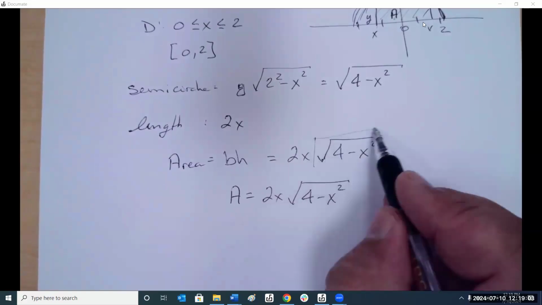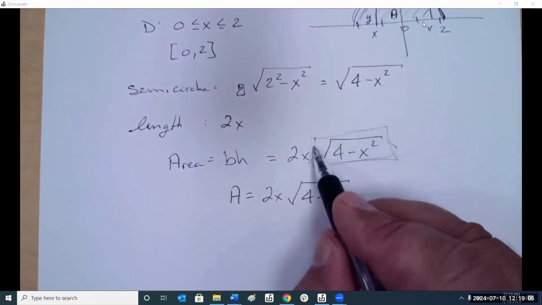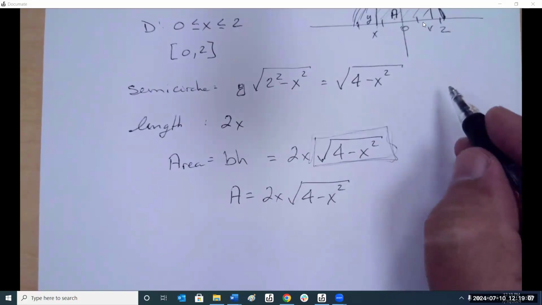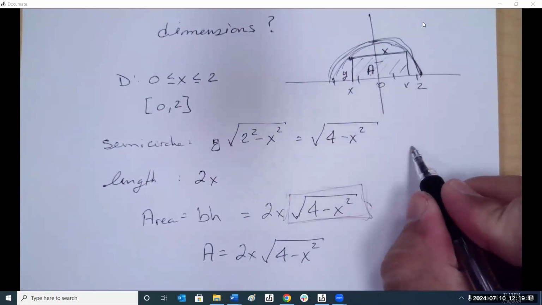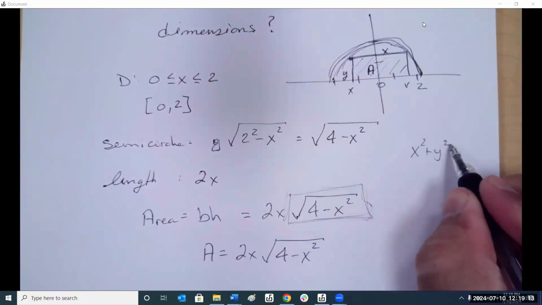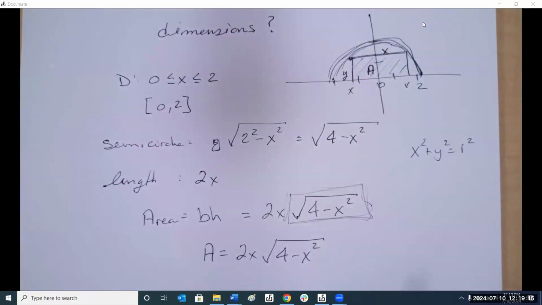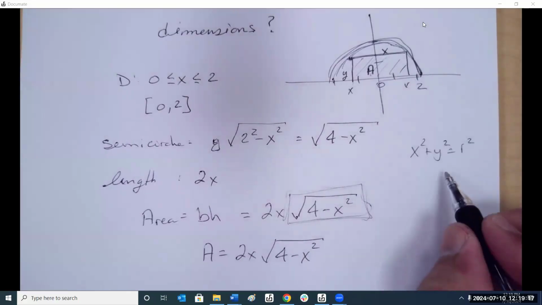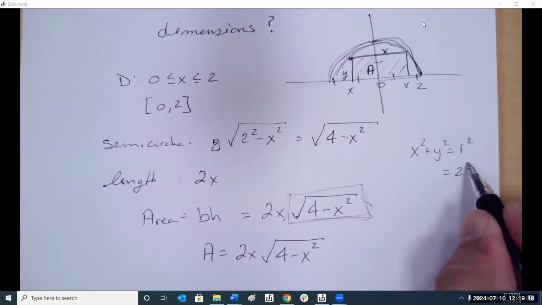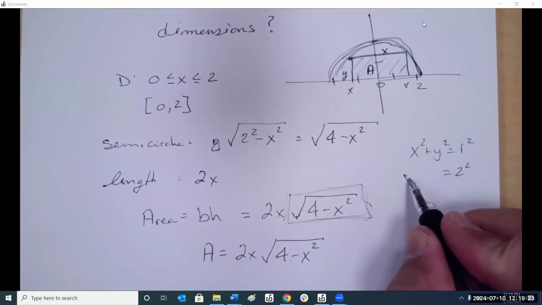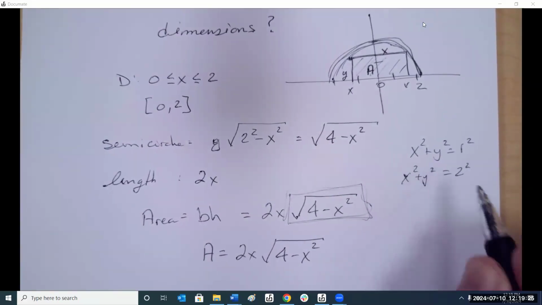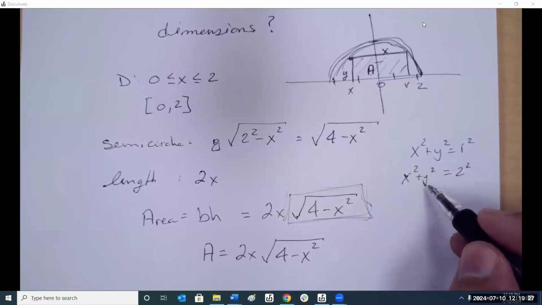Is everybody okay on where I got this information here? Okay, it's a semicircle. What's the formula for a semicircle? It's x squared plus y squared equals r squared. We know the radius is 2. So y is the height.